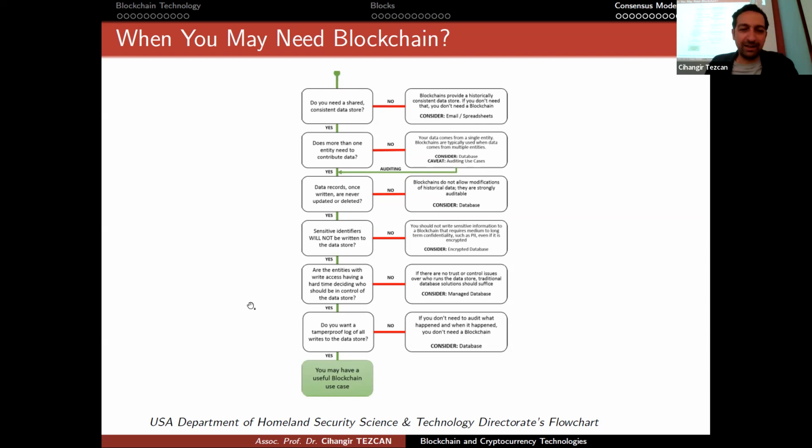Next question: are the entities with write access having a hard time deciding who should be in control of the data store? If no, you can consider using a managed database. And finally, do you want a tamper-proof log of all writes to the data store? If your answer is again no, you can still use a database. But if you say yes to all of this, then maybe you have a useful blockchain use case.